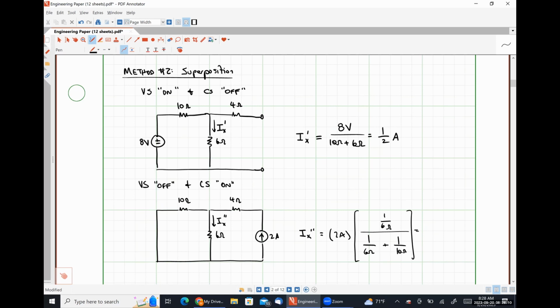So that I don't make any mistakes trying to do this in my head, I'm going to throw it in my calculator. So 2 times 1/6 over 1/6 plus 1/10 comes out to be, I got 5/4.